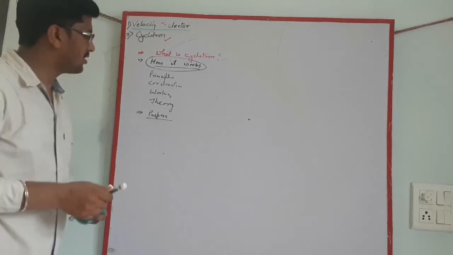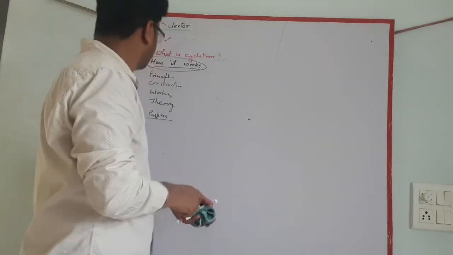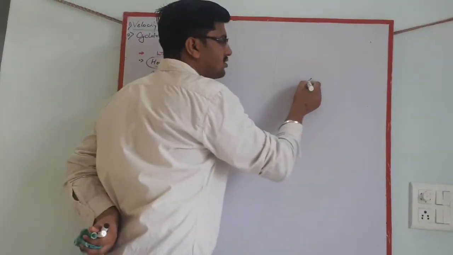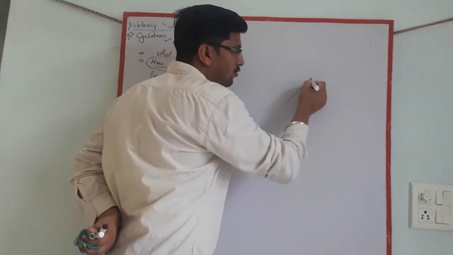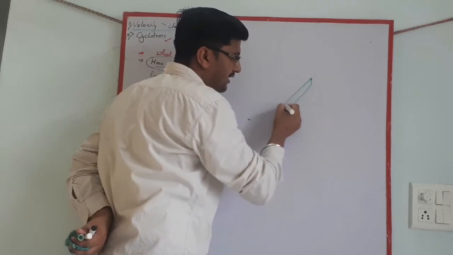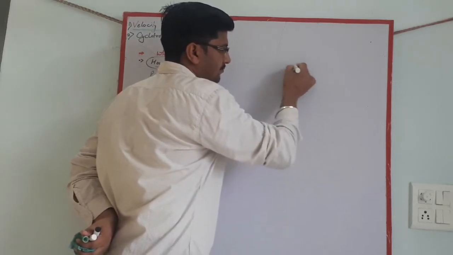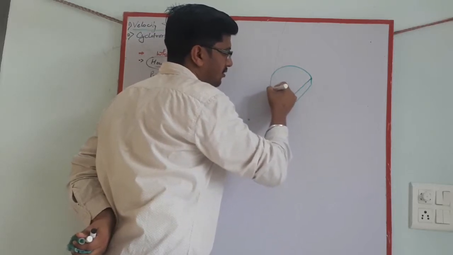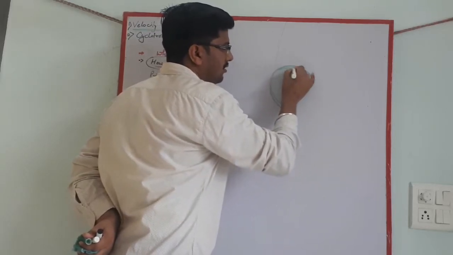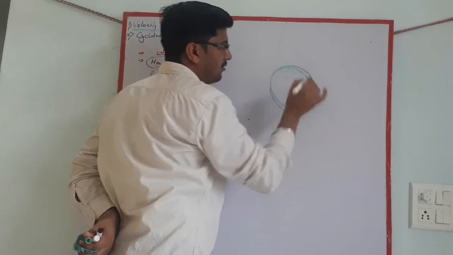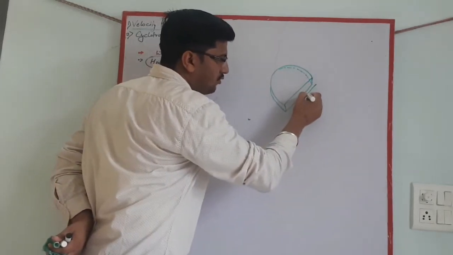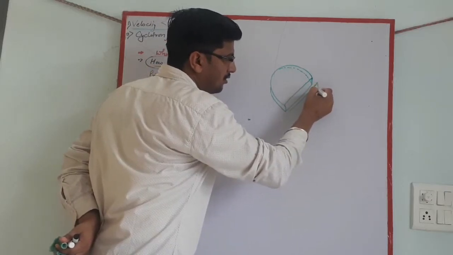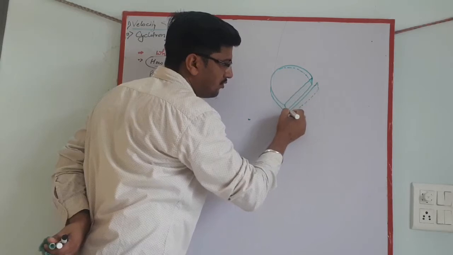So start with construction. What is the construction of the cyclotron? It consists of two hollow cylindrical discs lying parallel to each other.